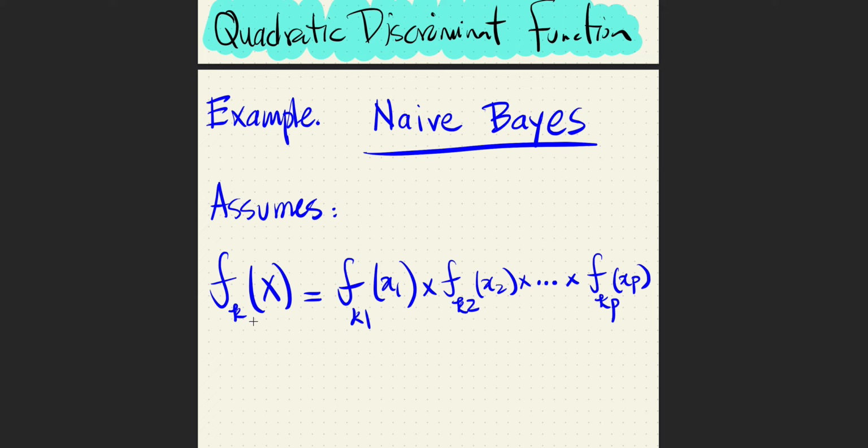If you have P features, these P features are almost always dependent. And the structure of this dependency is complicated to capture. To begin with, we don't know it and we have to learn it.